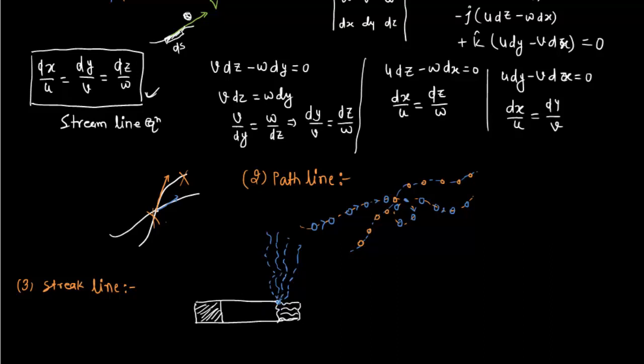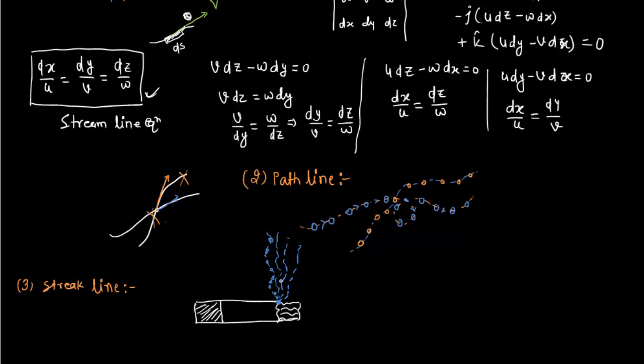Streak line is the line defined by the fluid particles that passed through a predefined point. Over this line all the smoke particles passed through this single defined point here. So they are forming a pattern over here. A number of fluid particles are involved to define the streak line, and all the particles emerged from and passed through the predefined point. So this line is defined as streak line.